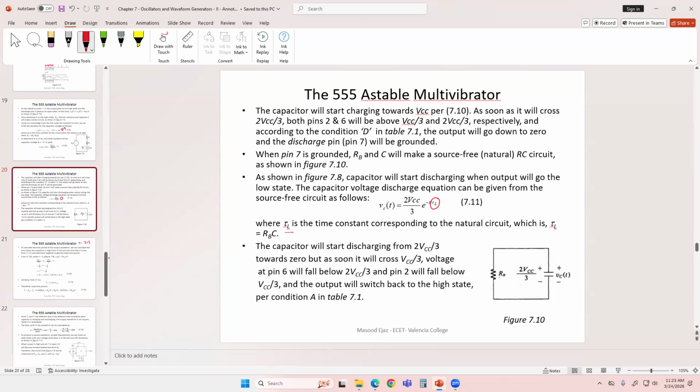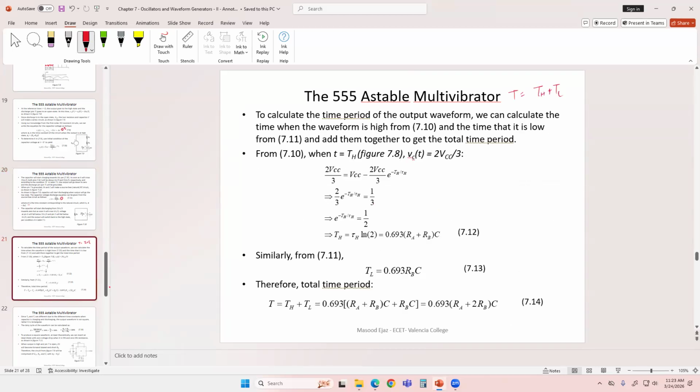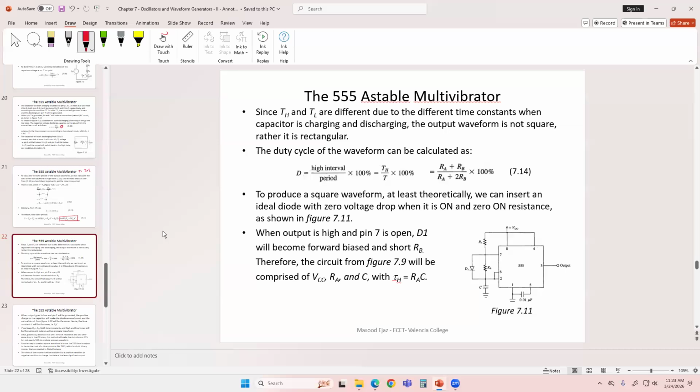So we put 1/3 of VCC over here, and then find the value of the time TL, and it's going to come out to be natural log of 2 times tau L, so 0.693 times RB times C. And we combine both to calculate the total time period. And the total time period comes out to be 0.693 RA plus 2 RB times C.